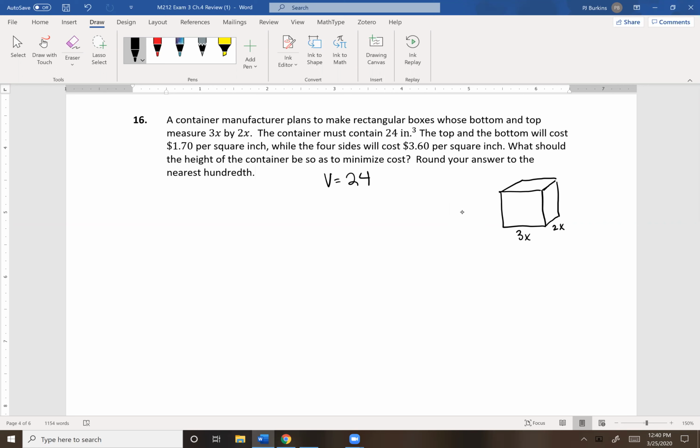Okay, so square inch tells us that we have to do the area. So it would be $1.70 times 3x times 2x plus, this is our cost. It says the 4 sides will cost $3.60 per square inch. Now, two of the sides are going to have 2x at the bottom.